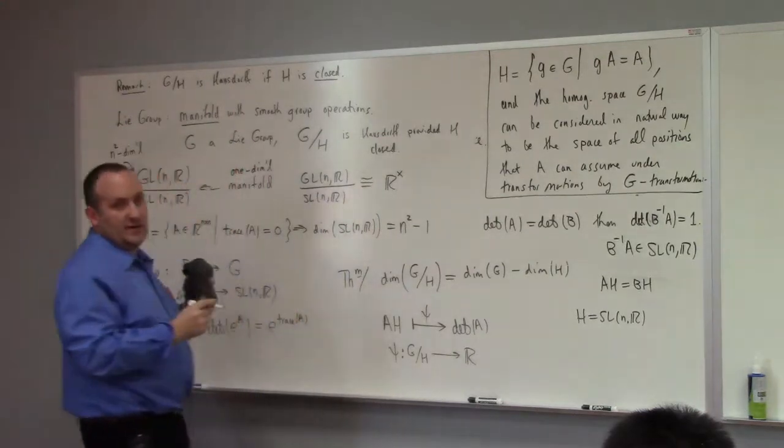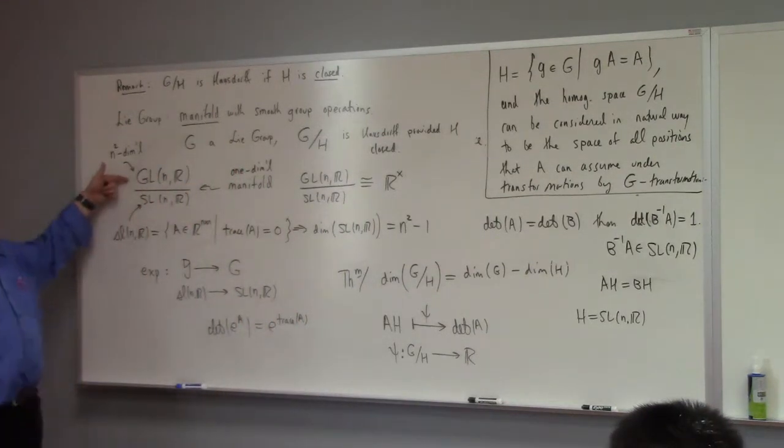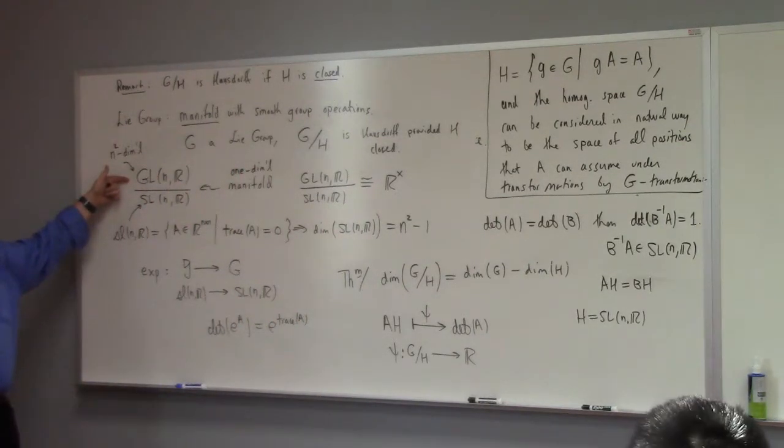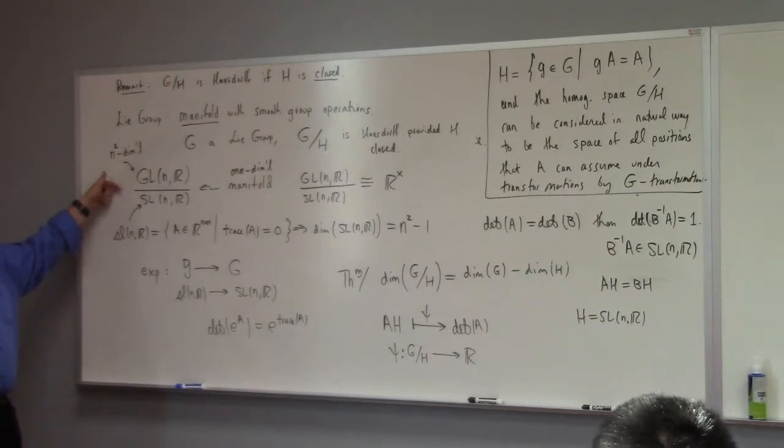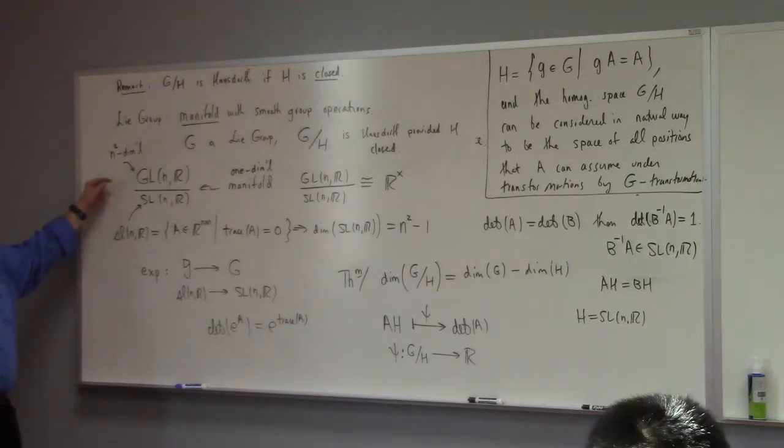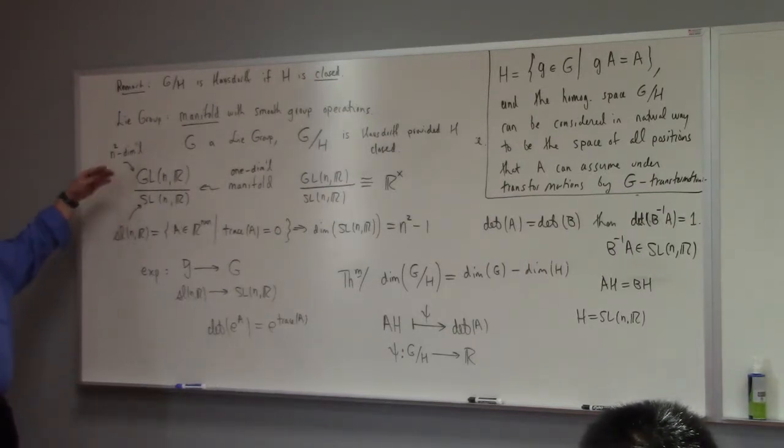Oh, good connection with last class. Disconnected gives what kind of quotient? We had path connected quotient. What was preserved under quotients? It's been so long, I've forgotten.